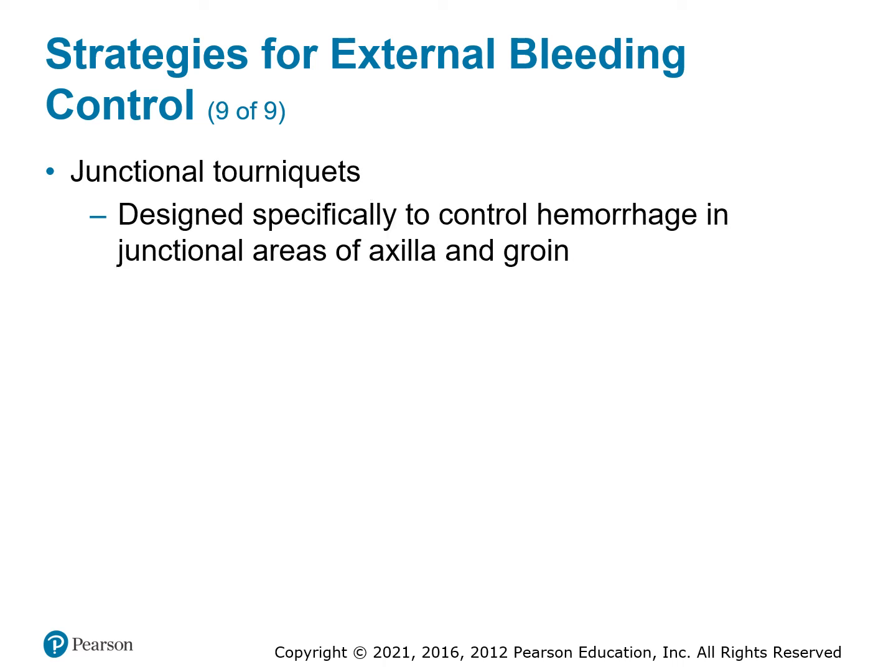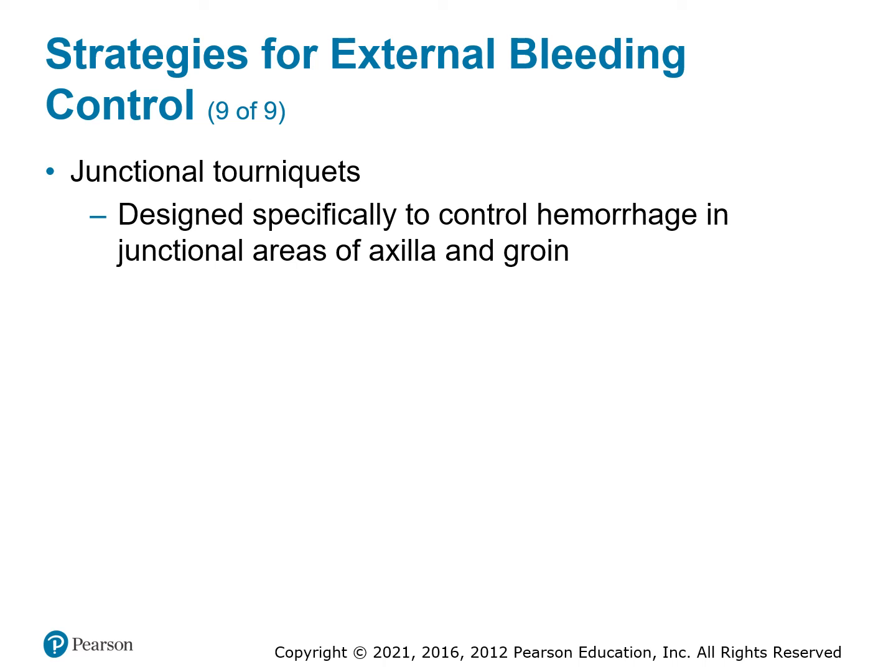Last thing here quickly is these junctional tourniquets. Like I said, I've never actually seen them other than a couple pictures in the textbook here, but these are specifically designed for those very difficult to control bleeding areas around your armpits, shoulder area, and down in the groin area.